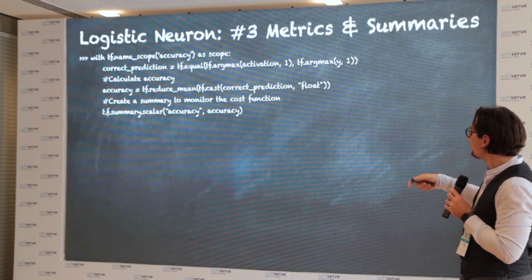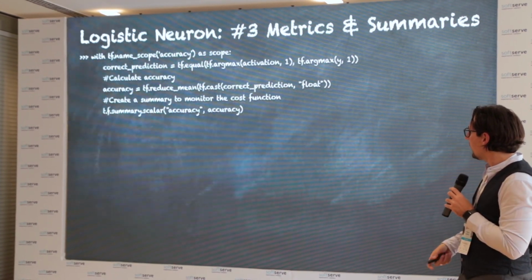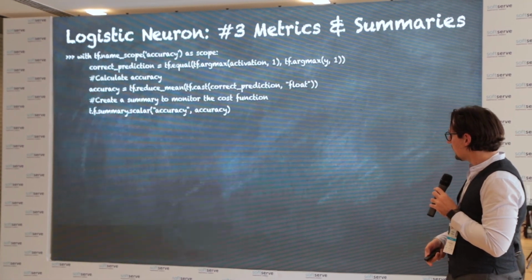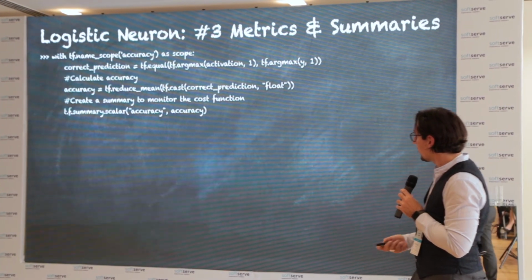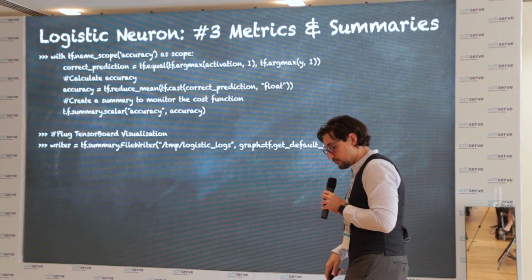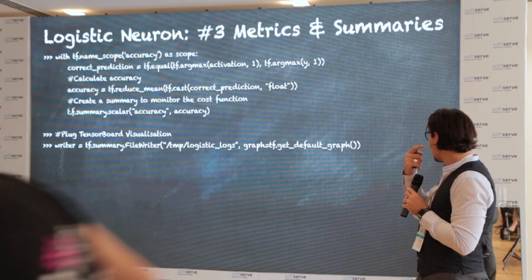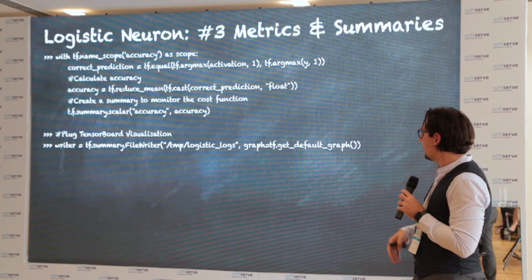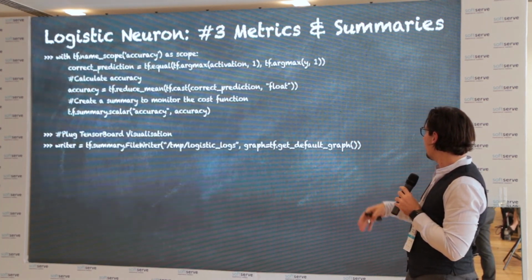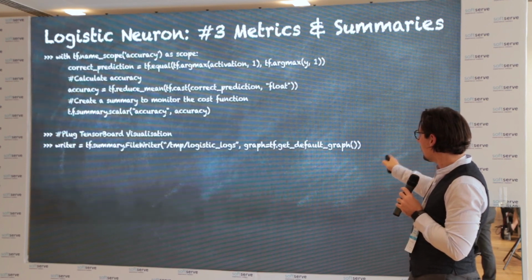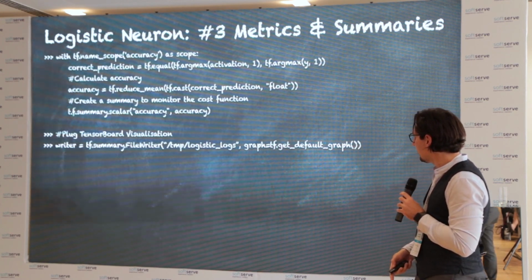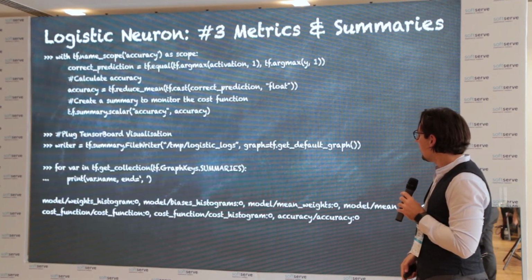And we want TensorFlow to log the scalar value of each accuracy score calculated during the training. All right, so we end up creating this summary writer. We specify what graph we want to log and the path of the folder where we want to store the logs.